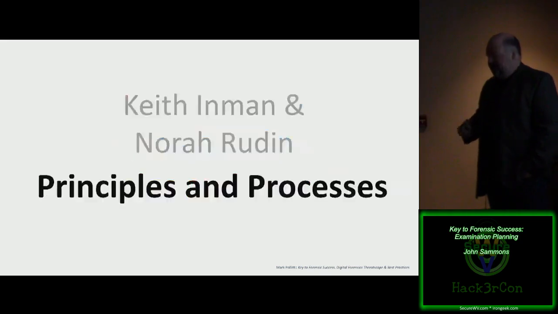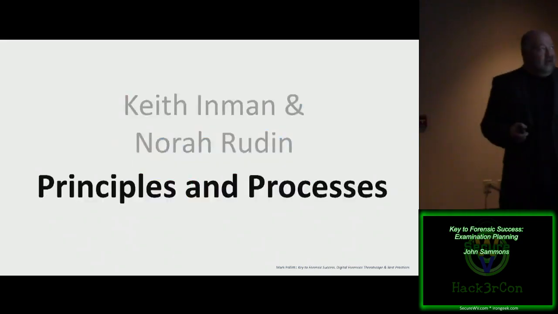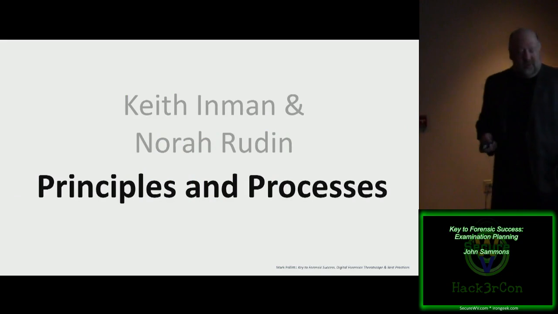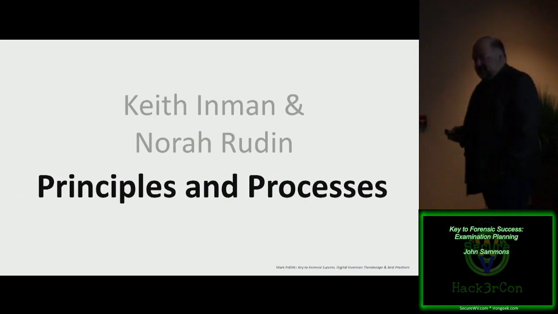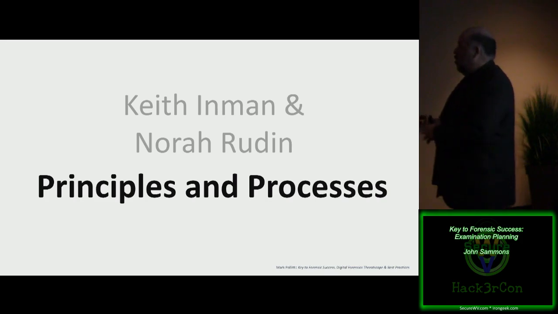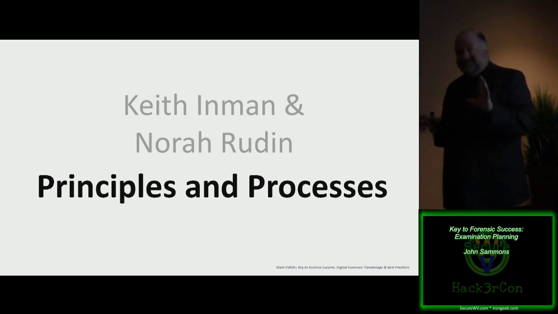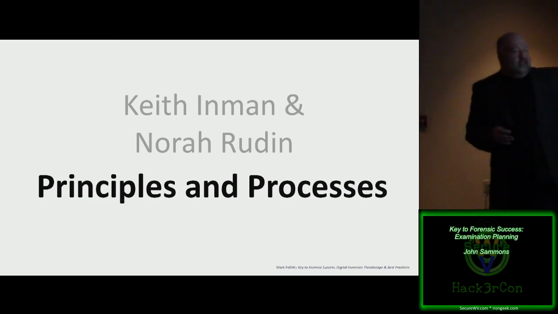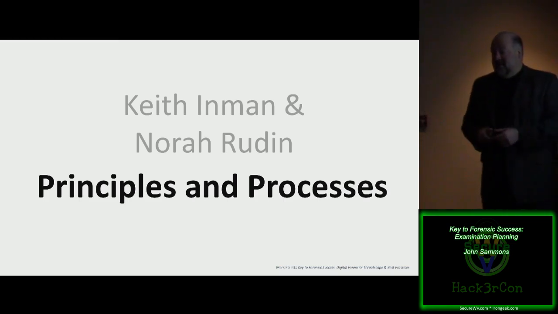There are a couple of famous forensic scientists by the names of Keith Inman and Norah Rudin. They came up with principles and processes that are kind of a core set for all forensic sciences. These are applicable to toxicology, crime scene, DNA, all those things. Some of these core forensic principles and processes can be used across multiple forensic disciplines.